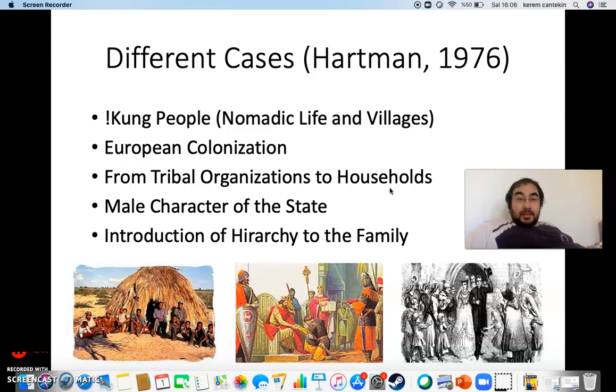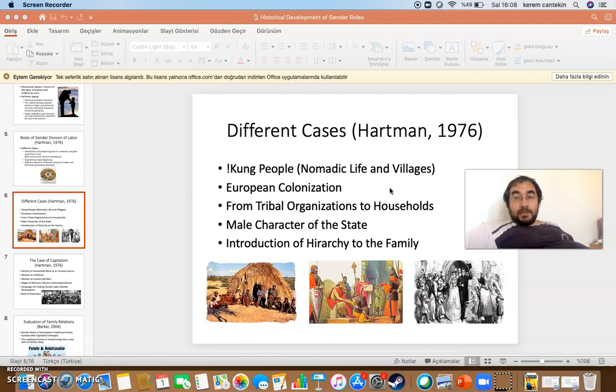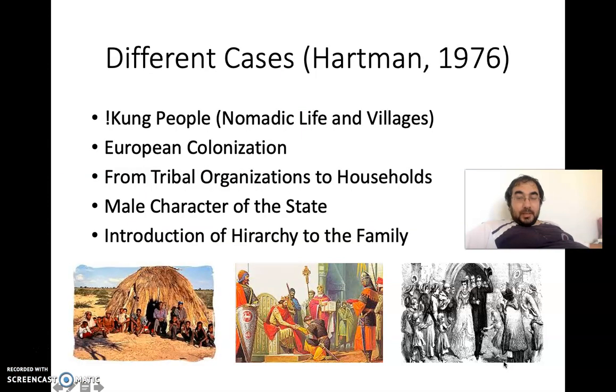As a result, this initial separation of woman and man into separate living spaces has immediately created some gender hierarchy. The most important aspect of that gender hierarchy is that man started to assume the property as theirs.